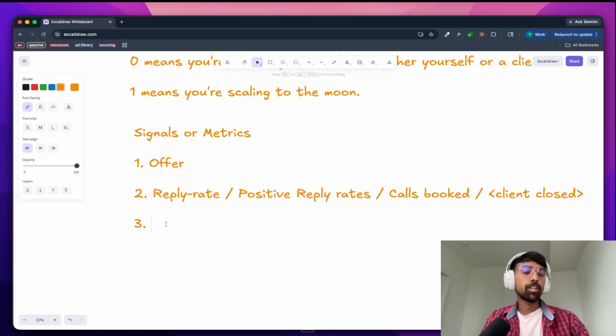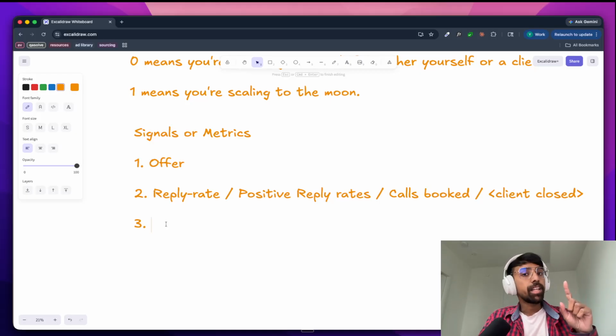Depending on the kind of industry you're in, the kind of client you're working for, or your own sales process, maybe you do a 2 call or a 3 call sales process, and obviously not all calls will occur in the same week, so you're going to have a longer sales process and your signals will be delayed.